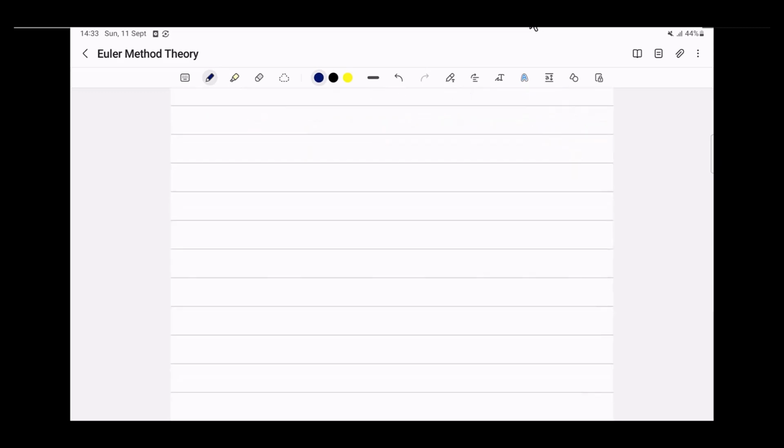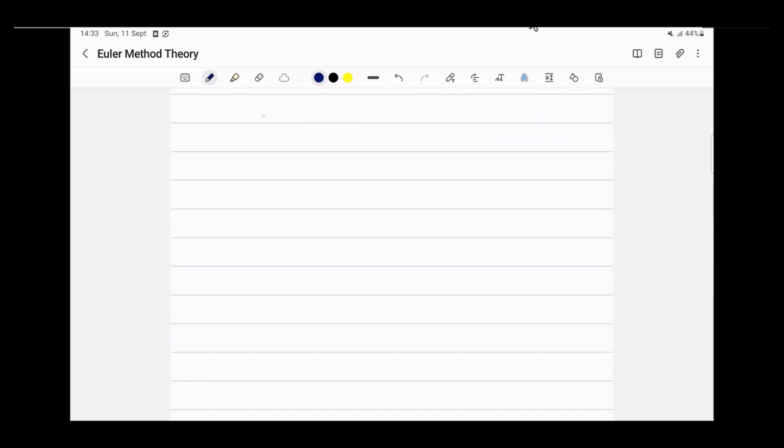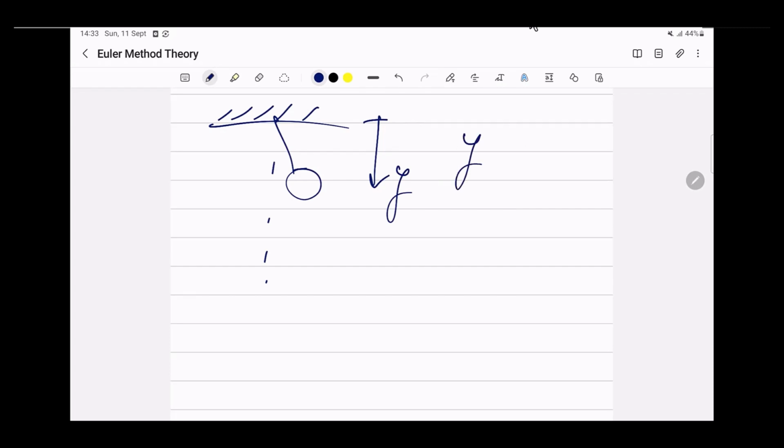Alright, so let's start with an example. You have a pendulum. This is the y-axis, and you want to find its vertical position, y, as a function of time. So you want to know what function works with the pendulum.